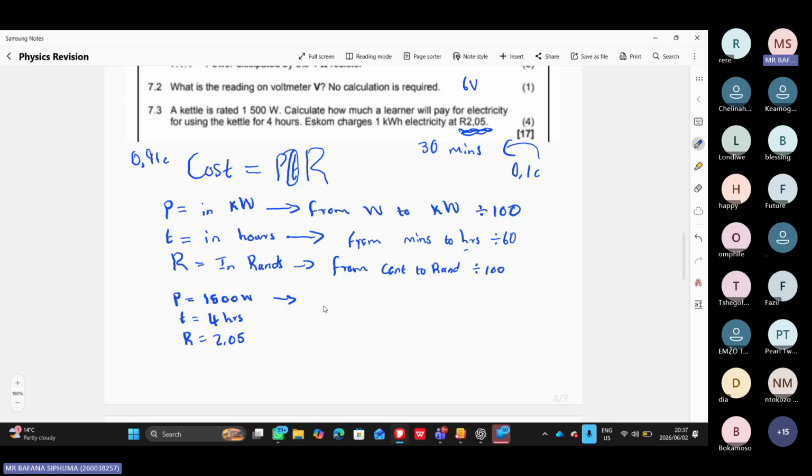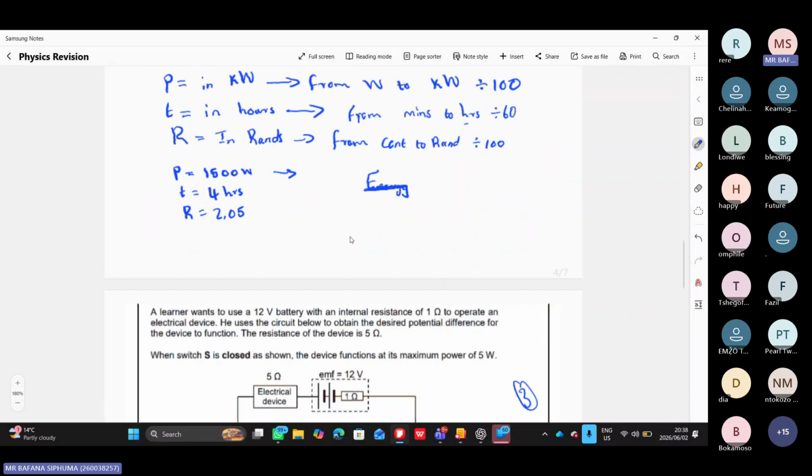The first thing that we're going to look for is the energy. Or let me just go straight to the formula to avoid confusing you. The formula says cost is equal to PTR. What is your power? Your power is given in watts, and we said we convert it into kilowatts.